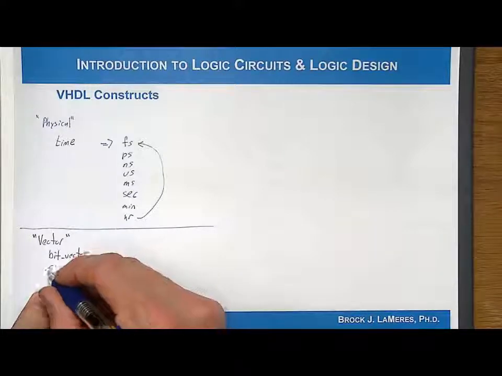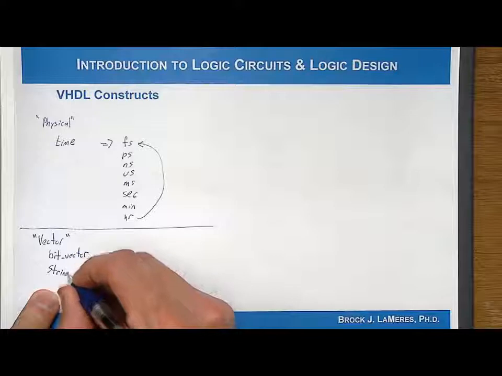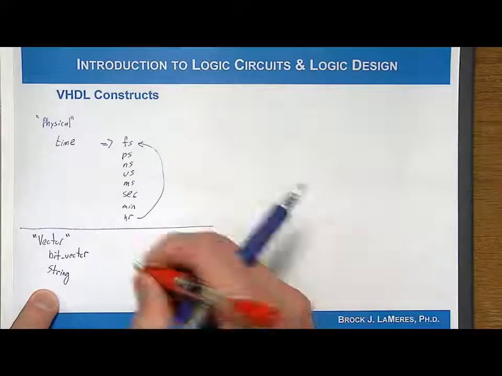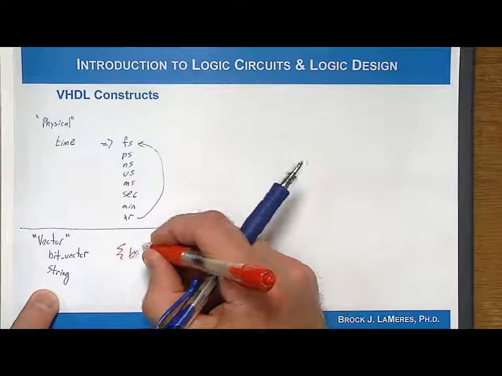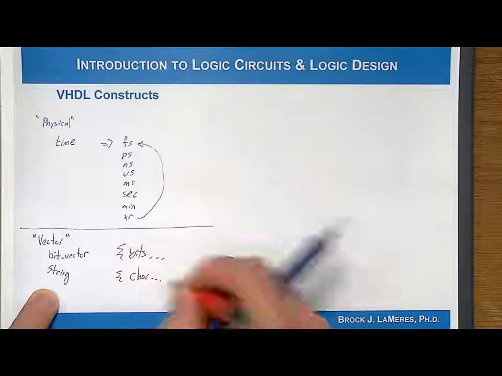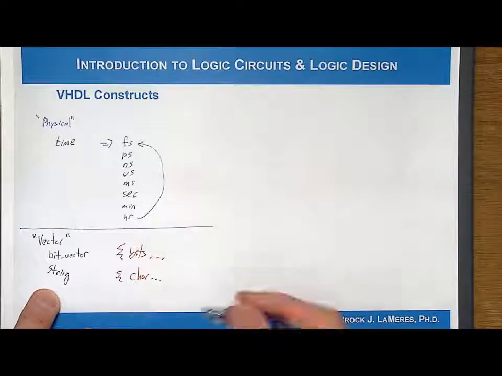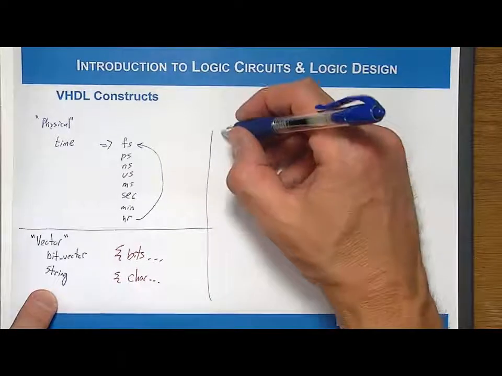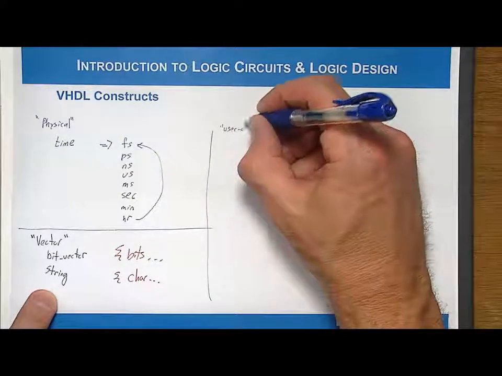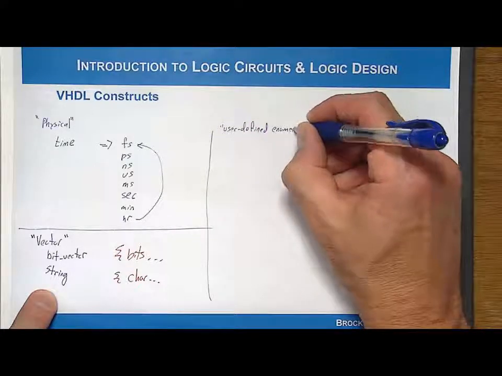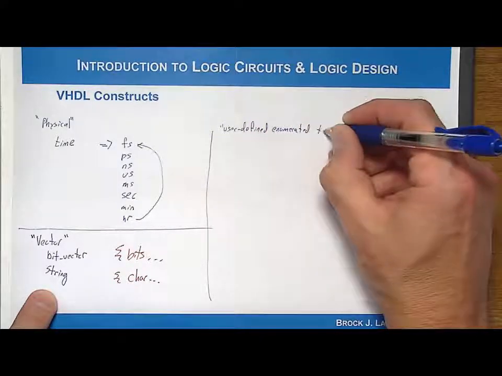Then you also have string in here, and a string is a vector of characters. So this is a vector of bits, and this is a vector of characters. Okay, then almost wrap this up here. You have another one which is called a user-defined enumerated type. And this is where you can define your own type.